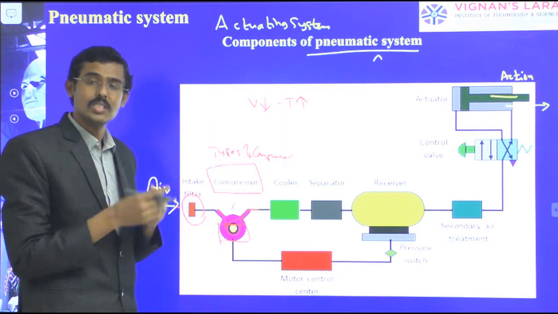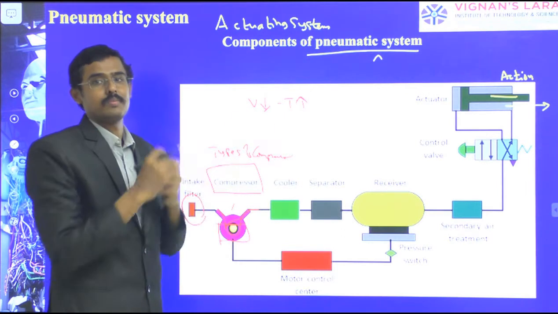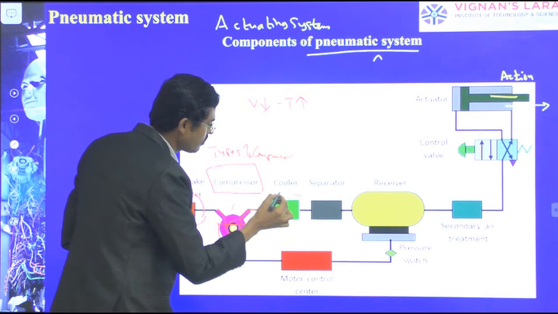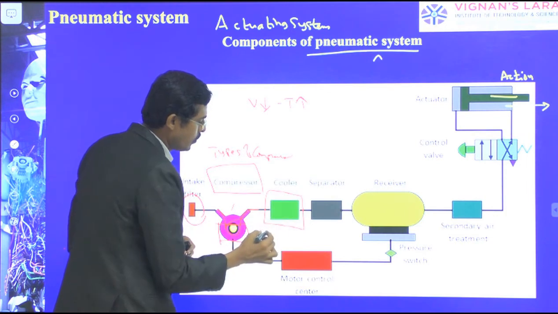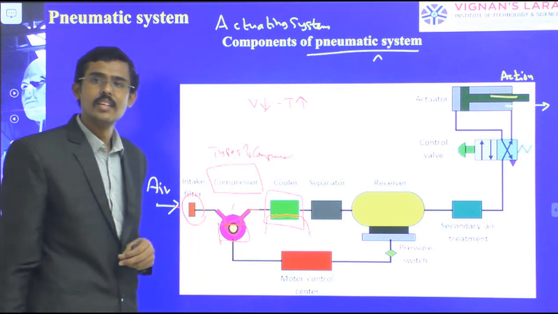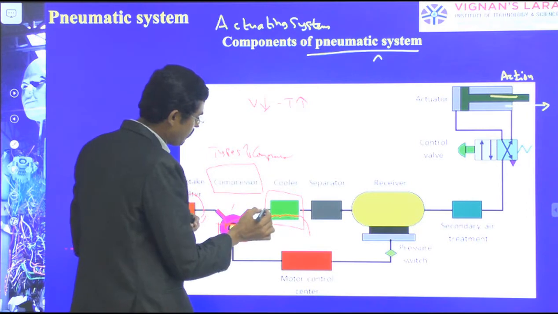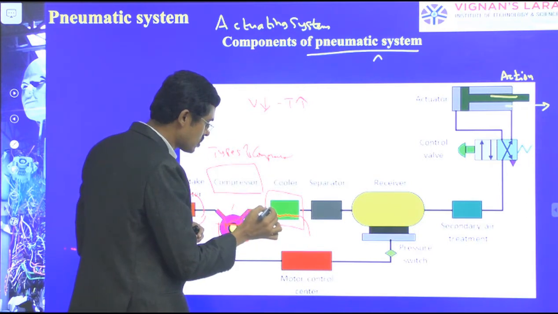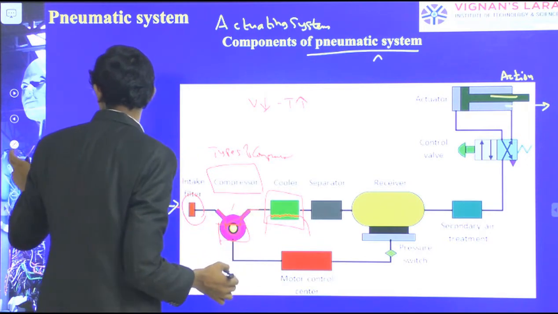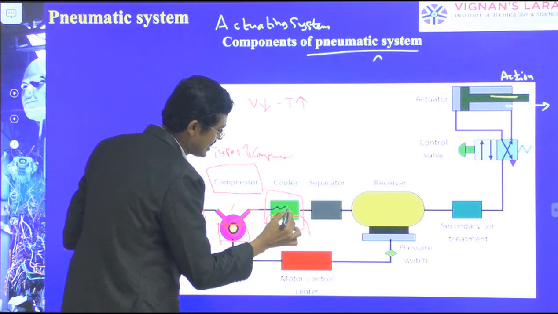This temperature should be reduced, and we need the pressure to move the object. So I'm using a cooler here, which may contain circulating water; we can consider it a heat exchanger. When the compressed hot air passes through it, it transfers the heat.